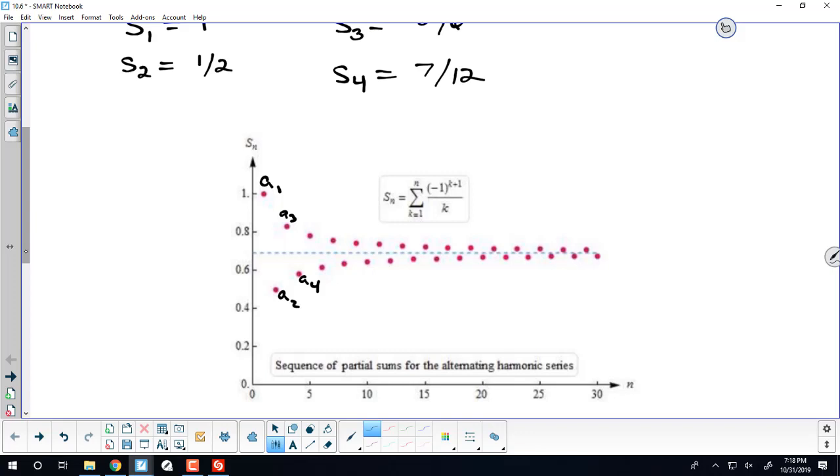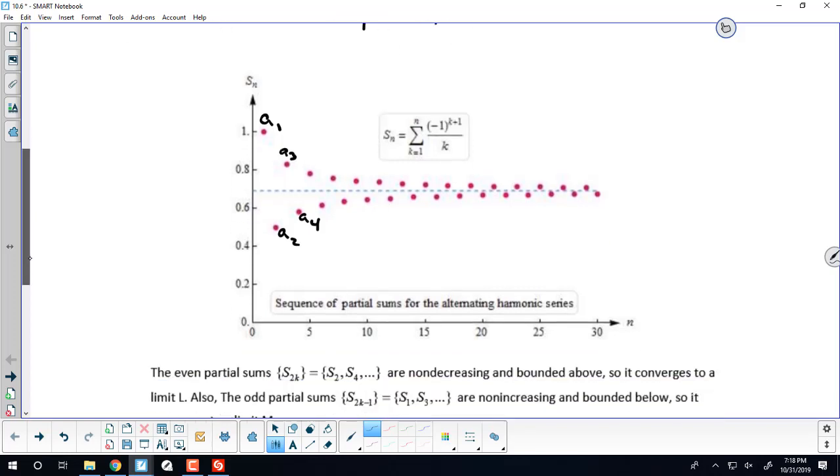If we split up an alternating series, this one in particular, and we look at the even terms versus the odd terms, we see that the sequence of even terms and consequently the sequence of even partial sums is bounded from above. The odd bounded by below.